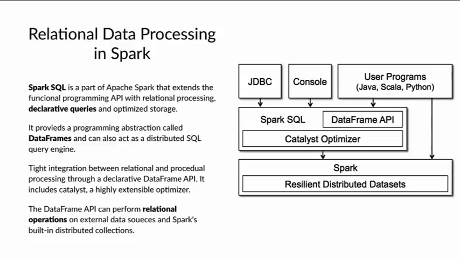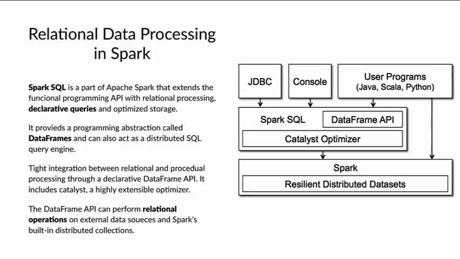What is it? Spark SQL or the DataFrame API is a part of Apache Spark, and it extends the functional programming API with relational data processing, declarative queries, and optimized storage. It provides a programming abstraction called DataFrames, and it can also act as a distributed SQL query engine.